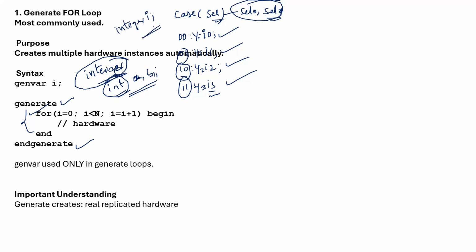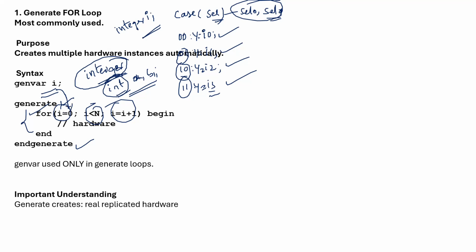This integer defines whatever variable you are utilizing in your for loop, that will identify it. So loop counting purpose I am utilizing the integer. In the same way, genvar is used for loop counting purpose. So genvar i, that i is a variable inside the for loop.